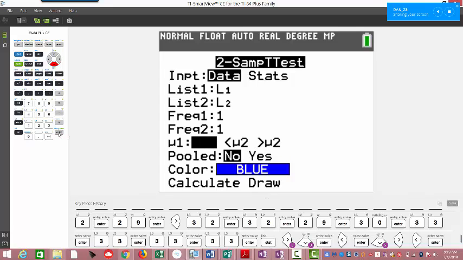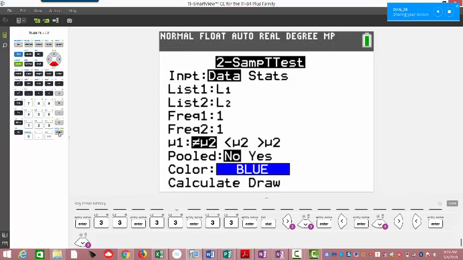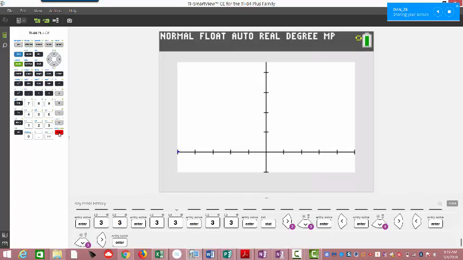You leave data not pooled, and you can just go ahead and draw it if you want, because drawing it not only gives you the picture, and you can already see right away we've got some shading, but we don't have much shading. So based on the shading, do you think there's a significant difference between these two?